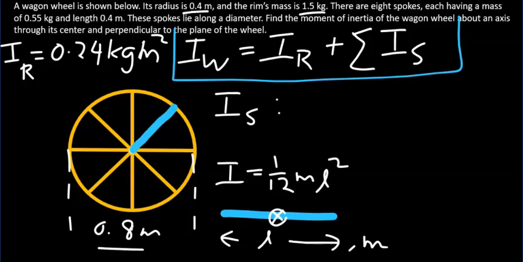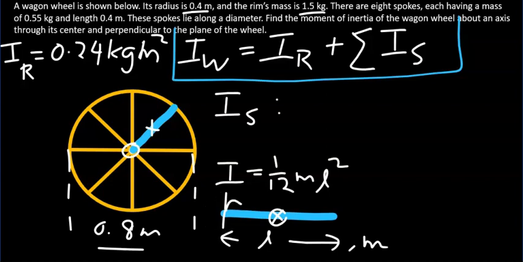In our case, the center of that spoke is there, but we are interested in calculating the moment of inertia of that spoke about that axis. So in this diagram, we are to calculate the moment of inertia of a uniform rod about an axis passing through one of its ends.